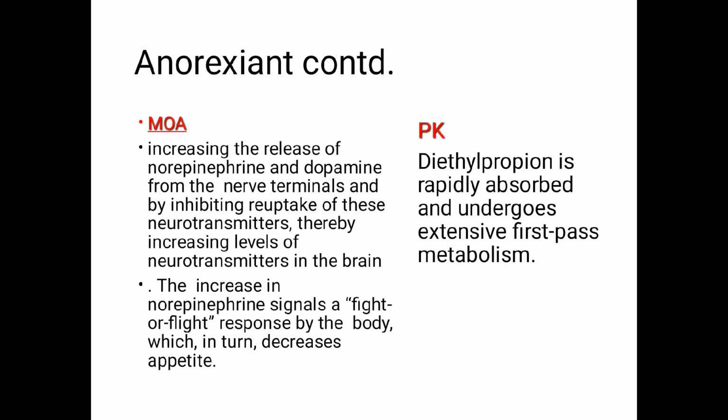Now, the mechanism of action for anorexants, the MOA, is that they increase the release of norepinephrine and dopamine from nerve terminals and inhibit reuptake of these neurotransmitters, thereby increasing the level of neurotransmitters in the brain.